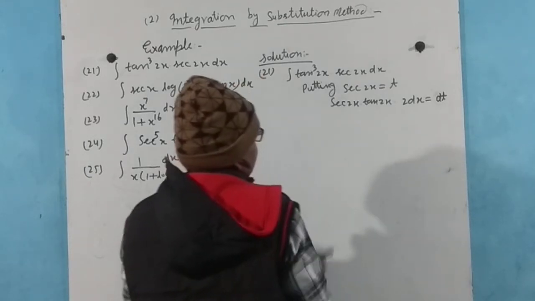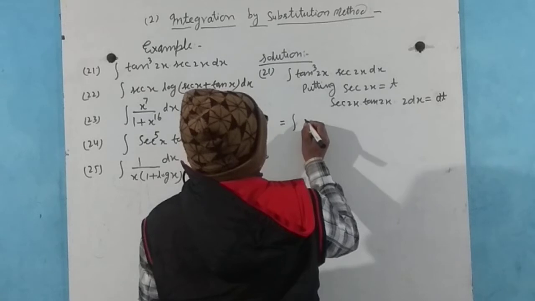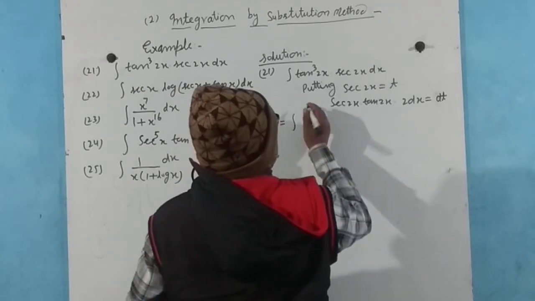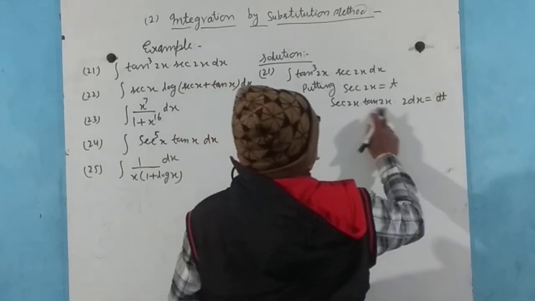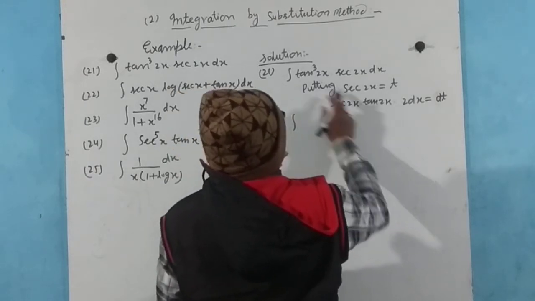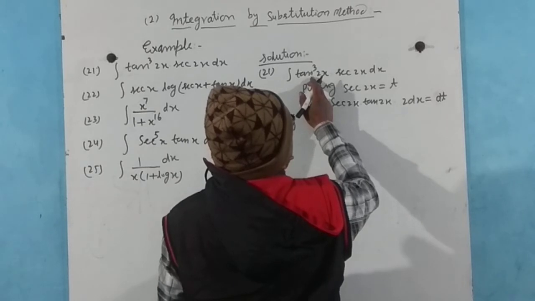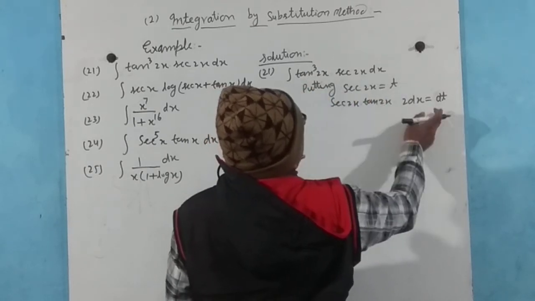Now putting this, in this case, integration of sec 2x tan 2x, sec 2x tan 2x dx equal to dt.